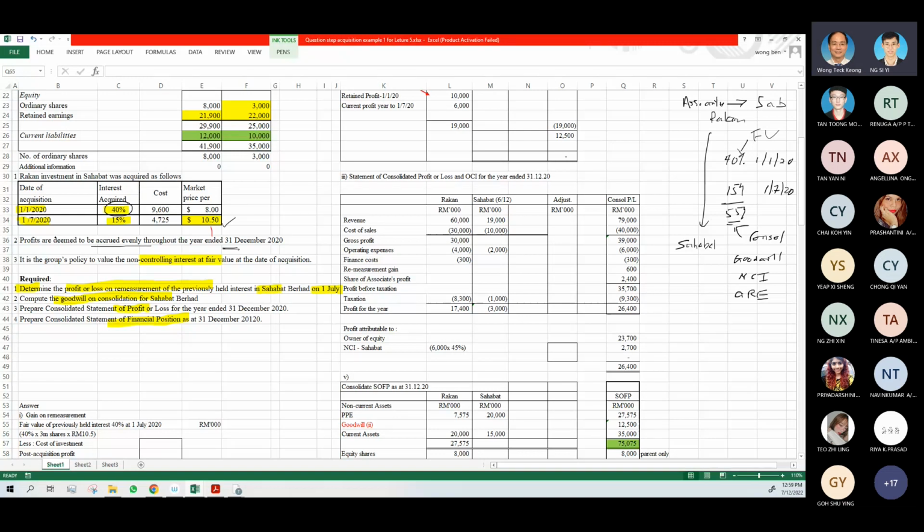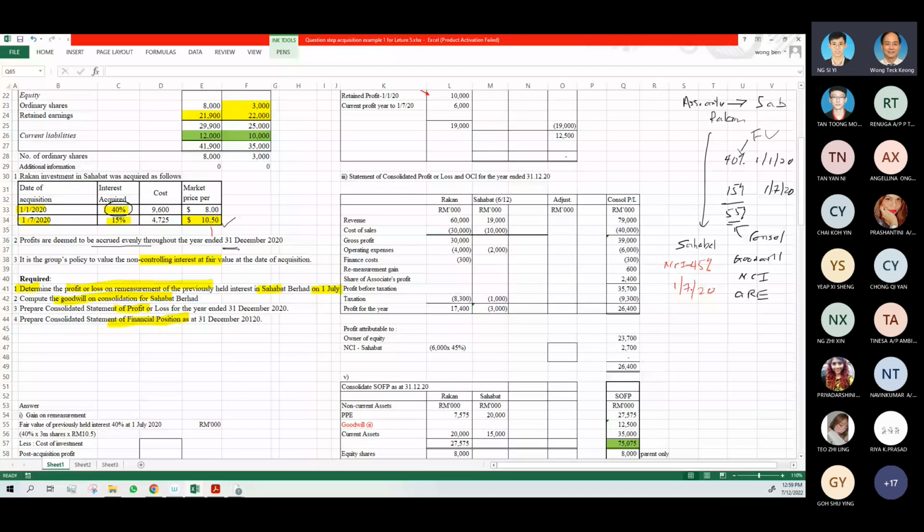So first 6 months is associate in P&L. Second 6 months is a 55% subsidiary. So 45% are NCI. So NCI is 45% from 1st July 20 onward.